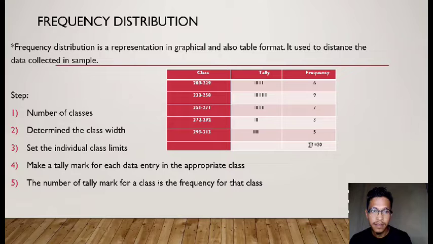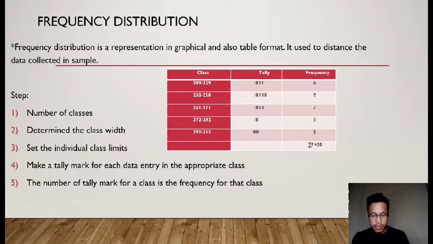There are 5 steps to find the frequency distribution. Firstly is the number of classes. To find the number of classes, you can use the formula 2 to the power of k is greater than n. Secondly, step 2 is to determine the class width.